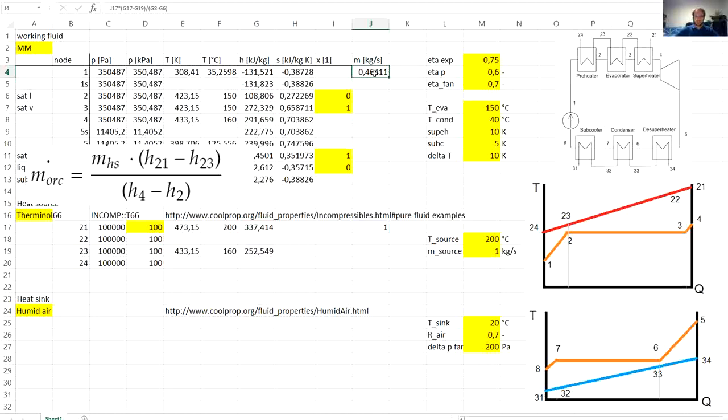And we get the mass flow rate of the working fluid. Of course, in other nodes of the ORC it's the same as here for the heat source. Now when we have the mass flow rate of the organic Rankine cycle working fluid, we can also calculate the overall heat transfer in this heat exchanger.